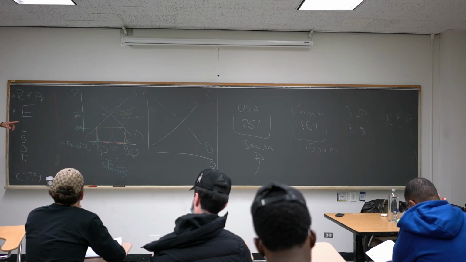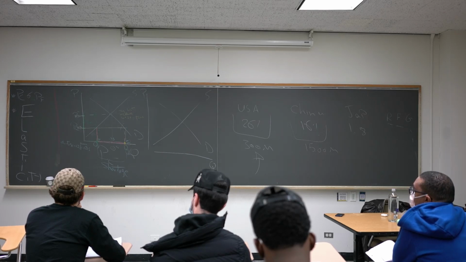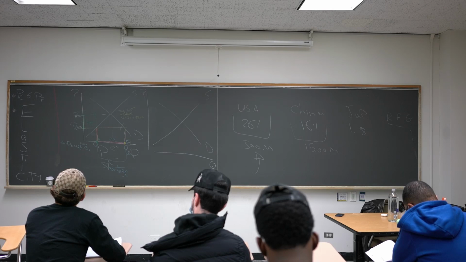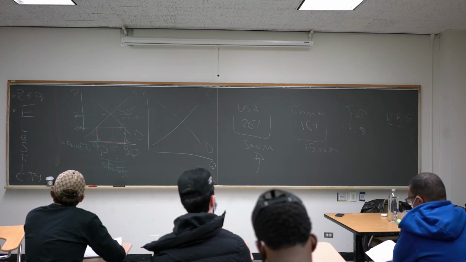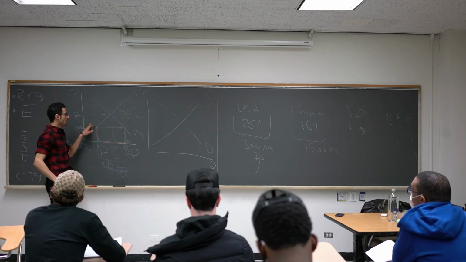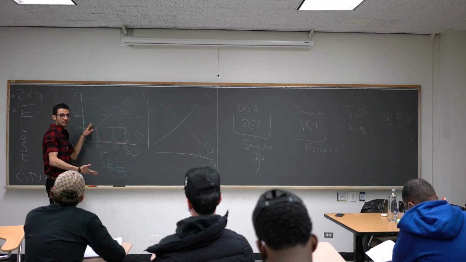because what is the difference between the benefit and the cost? 400 minus 200, $200,000. That's unfulfilled demand, which is $200,000 extra bonus, right, for the policy.